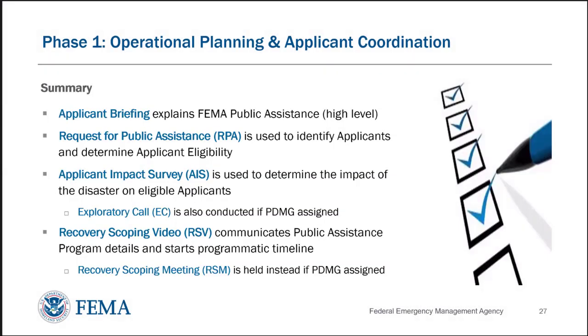There he is. You've got an applicant briefing. You request public assistance. You get that applicant impact survey filled out. You have the recovery scoping video either viewed or a real meeting. Then you see here, the recovery scoping meeting, RSM, is held instead if a PDMG is assigned.